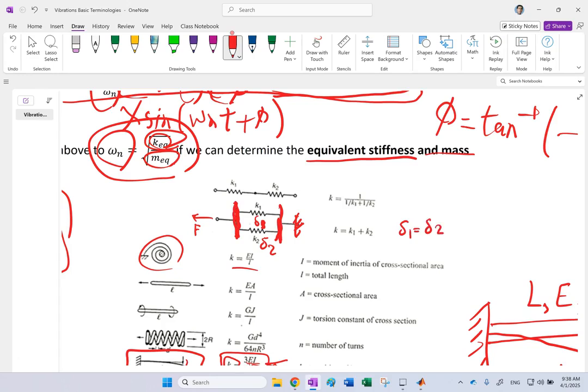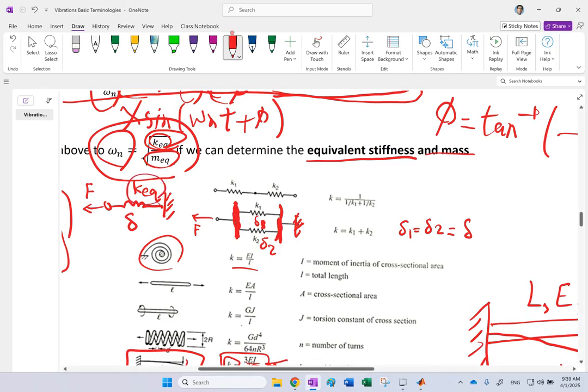And that should be the total delta if you replace that with one single equivalent K, where if I apply this force F to it, it gives me the same delta. Now, what relation exists between this K equivalent and K1 and K2? Well, this is the relation between their displacements.